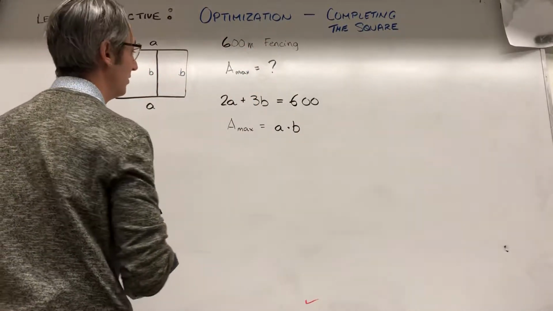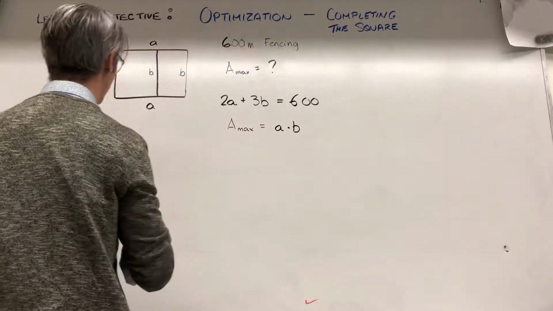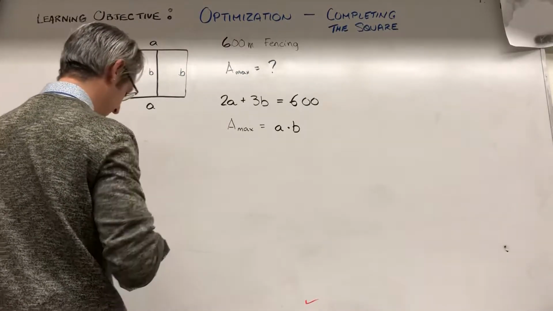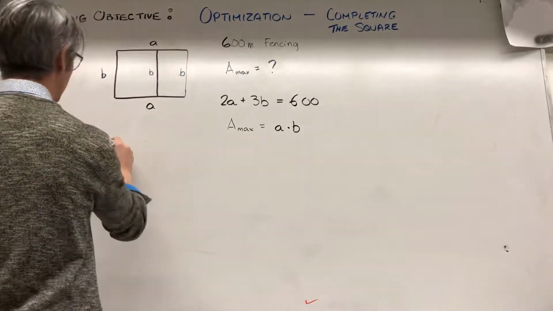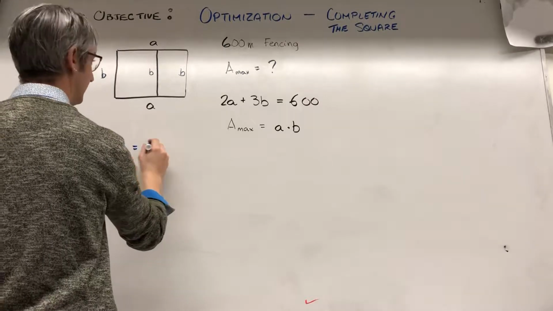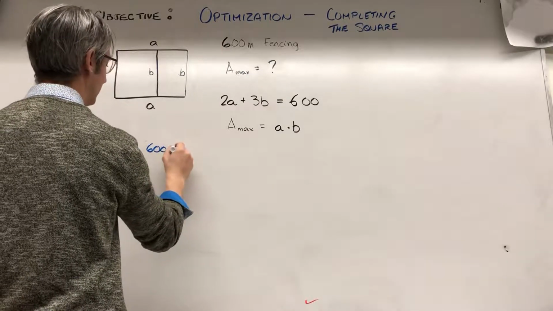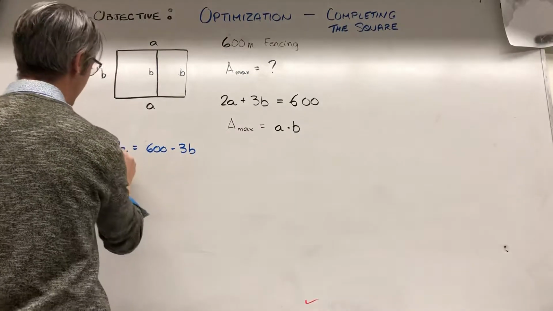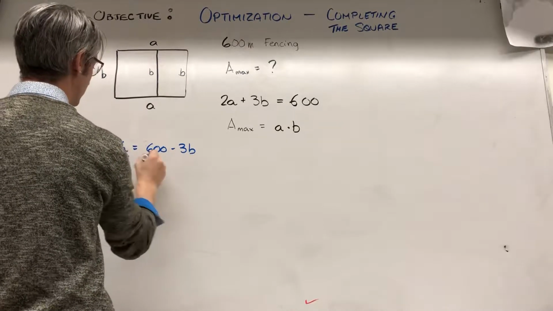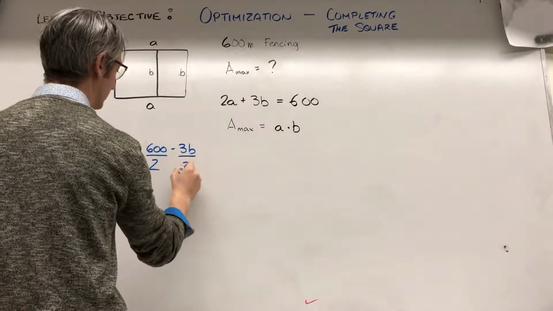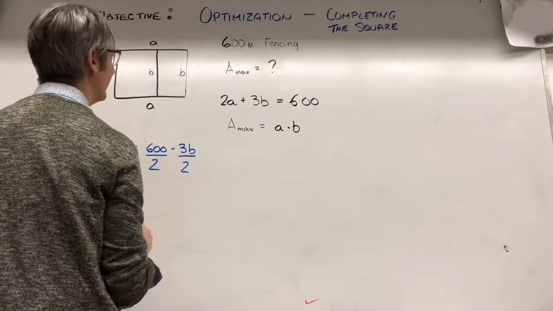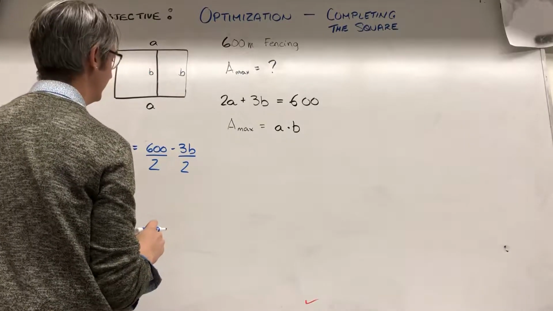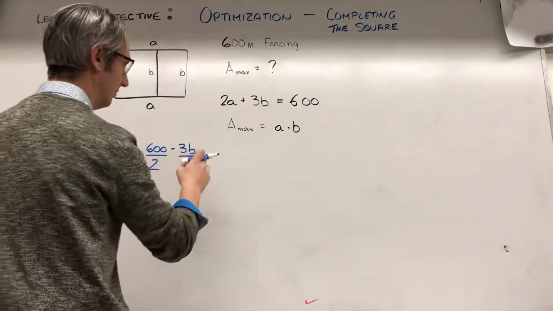I'm going to work with A, so let's isolate for A. I get 2A is equal to 600 minus 3B. And then I solve for A, I get... oh, done it again. Well, I'll have to work with decimals here.